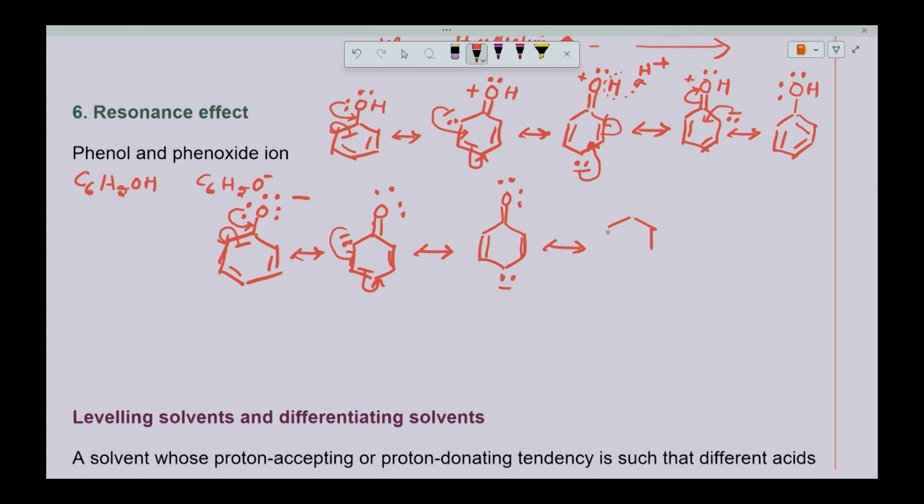Next, this goes here, this to the corner, and we have double bond O with the lone pair.